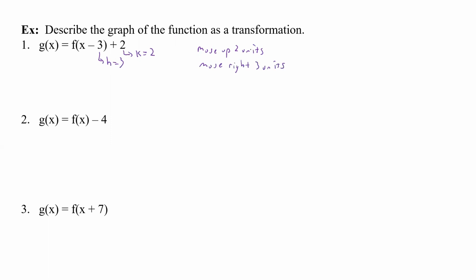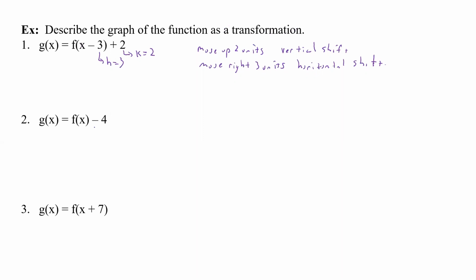Okay, so move up 2 units, that's our vertical shift, and move right 3 units, that's our horizontal shift. Okay, and so that's basically describing what the graph of the function as a transformation is going to be. So we have some function original f of x, and then we're going to move it up 2 units, our vertical shift, and then we'll move everything right 3 units, and that will be our horizontal shift.